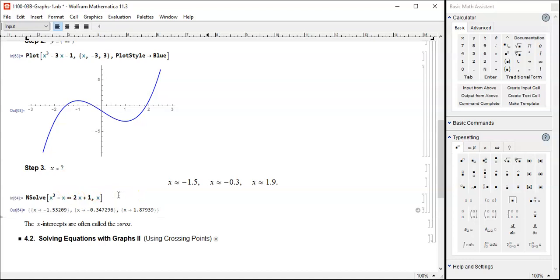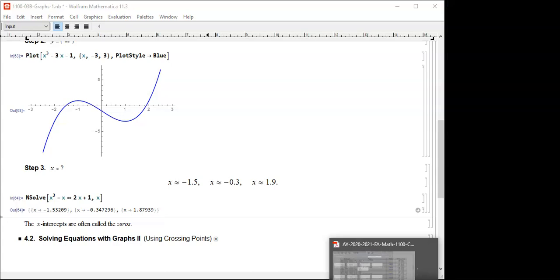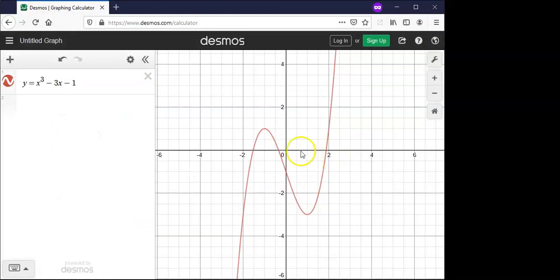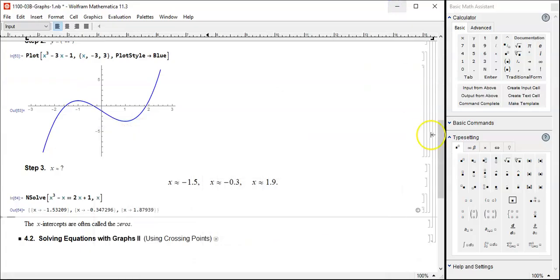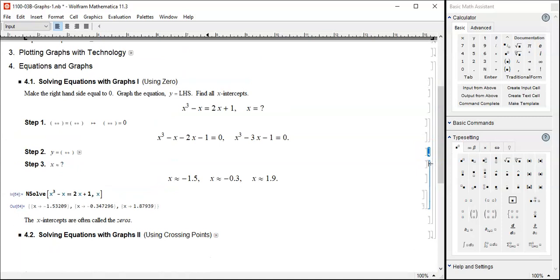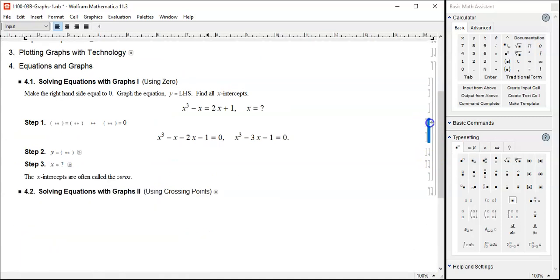This is the Mathematica solution. So that's one way to handle an equation problem.